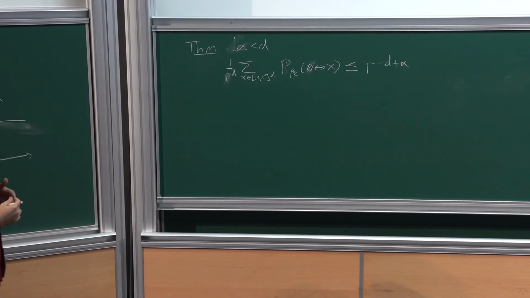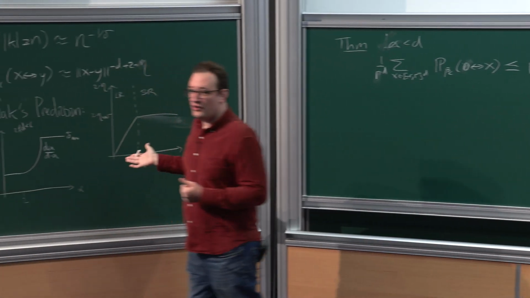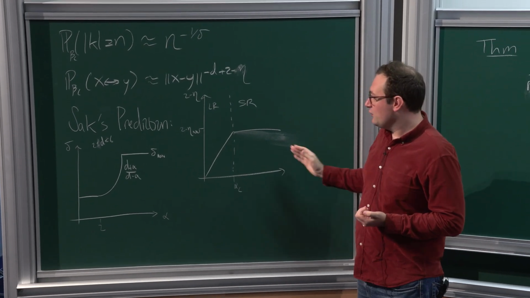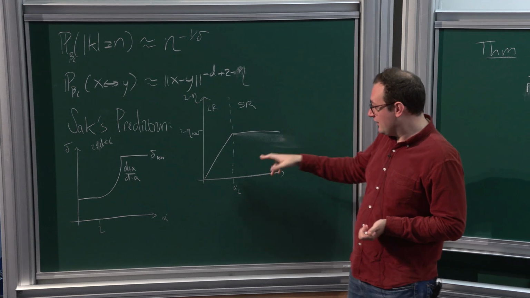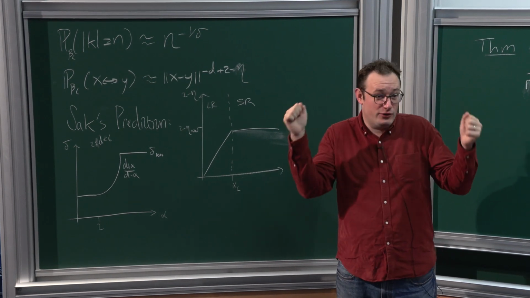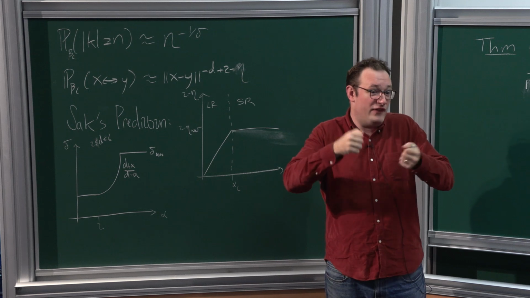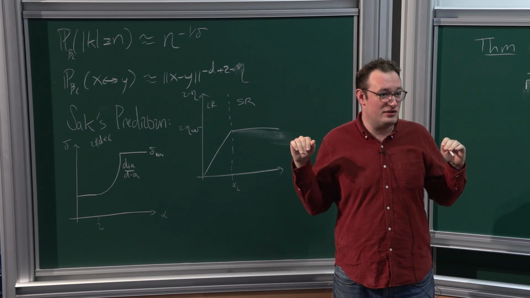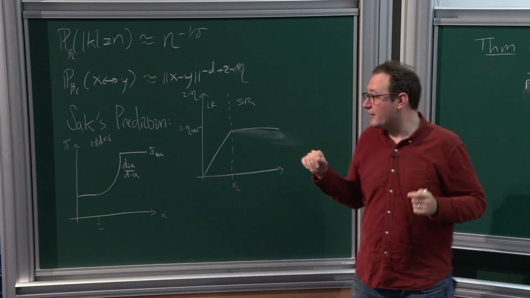Okay, so just to remind you of the context for this, I told you about Sachs' prediction, which says that if you look at the 2-point function, it behaves like this distance to minus d plus alpha within the whole effectively long-range regime, and then it fixates at whatever the 2-point function is doing in the nearest neighbor model.